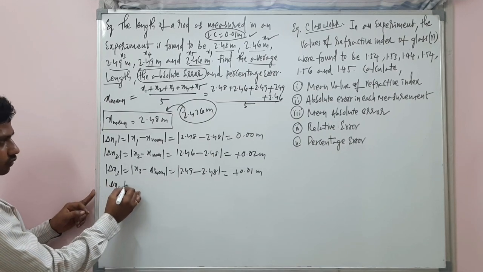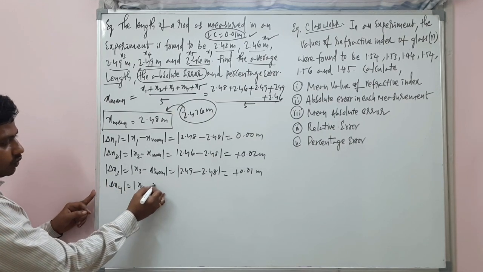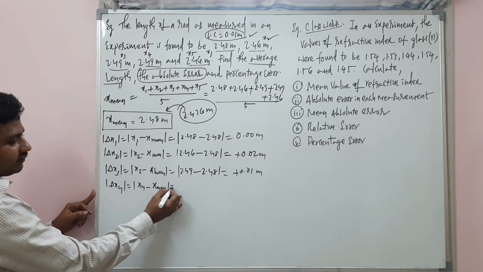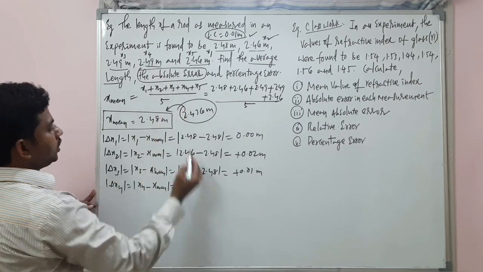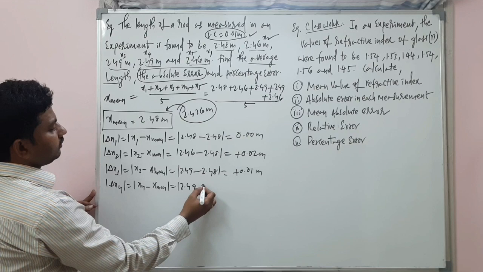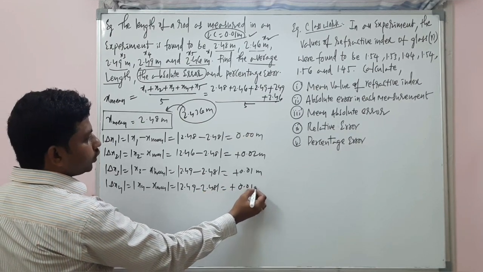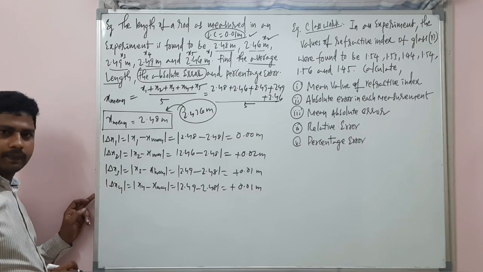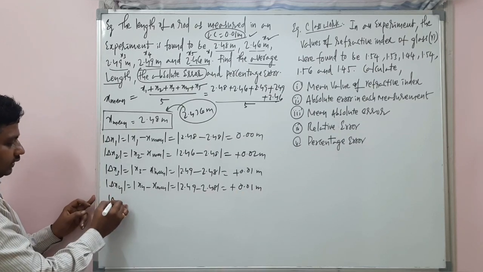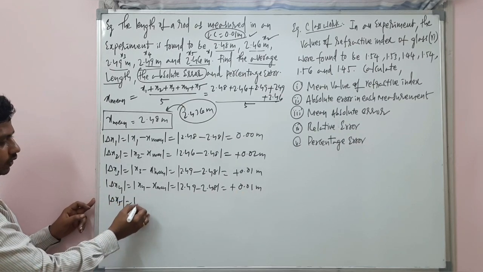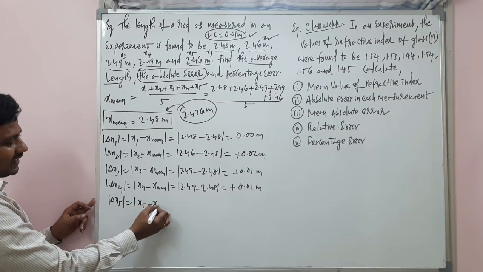Delta x4 is equal to x4 minus x mean, which is 2.49 minus 2.48, it is also plus 0.01 meter. Delta x5 is equal to x5 minus x mean.